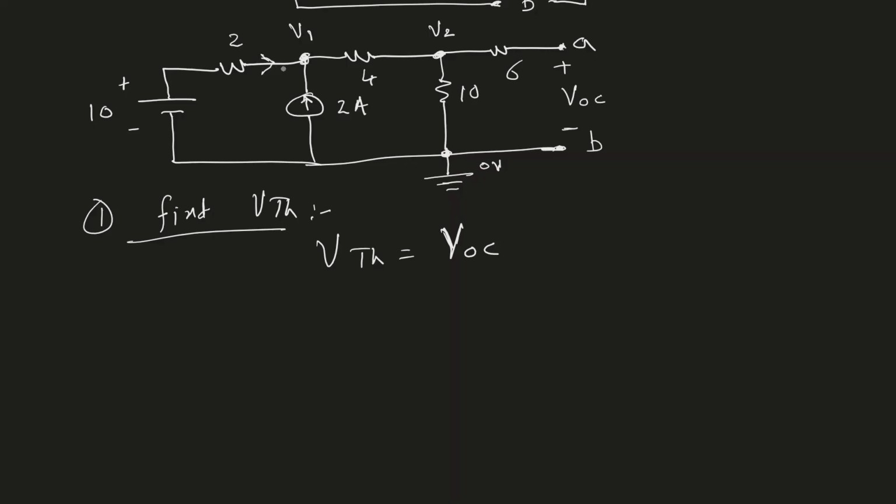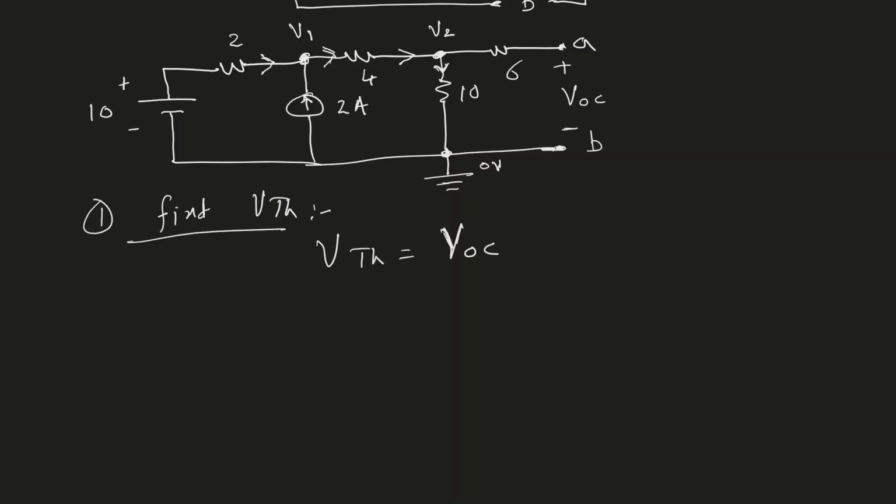So let's say this is the current which is flowing into the node. This 2 ampere is also flowing into the node. And I will assume that there is a current over here which is leaving the node. Similarly, the current over here is entering V2, and the current over here is leaving V2. And the current in the 6 ohm resistor must be 0 because the output is an open circuit, so there is no current flow in that resistor.